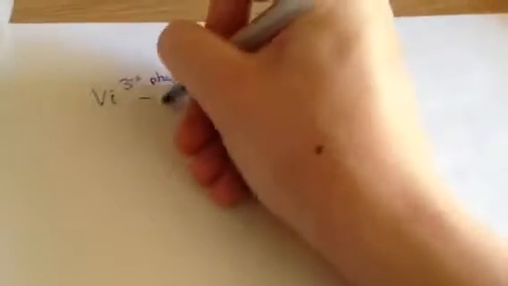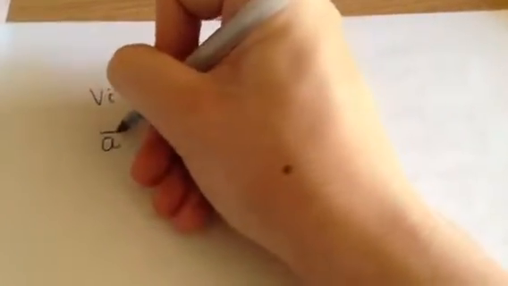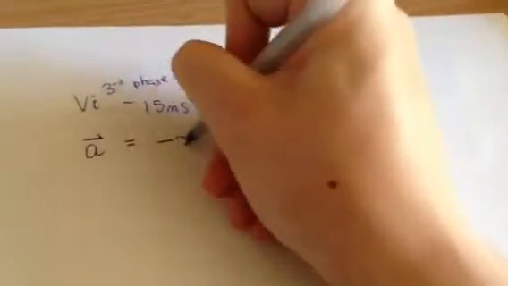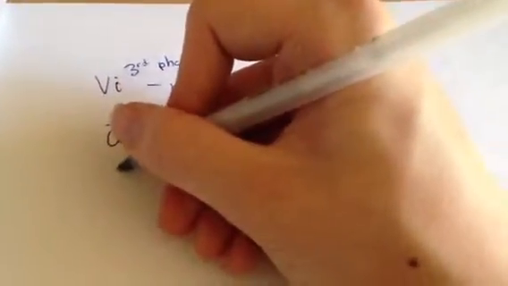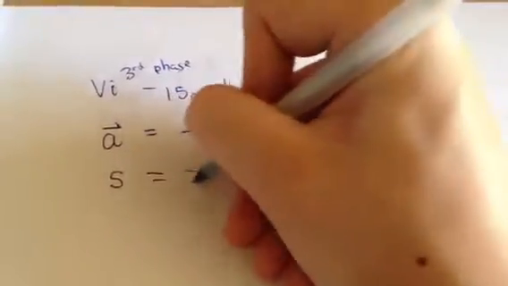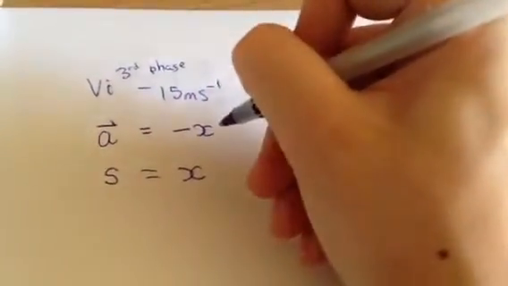So, what do we know? Well, we know that the initial velocity of the third phase is still going to be that 15 meters per second. And we know that the acceleration is going to be negative something because we're decelerating. And what we lastly know is that s is obviously something that we're going to need to calculate.